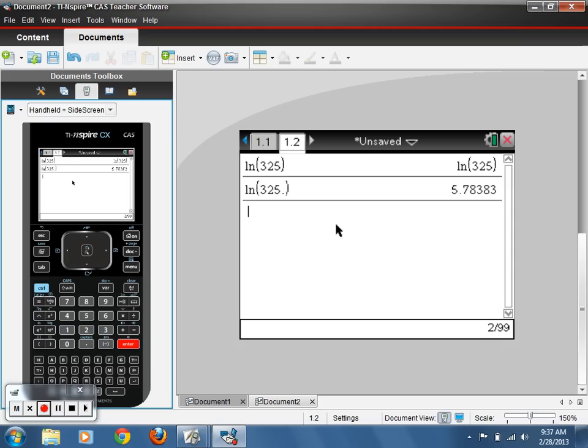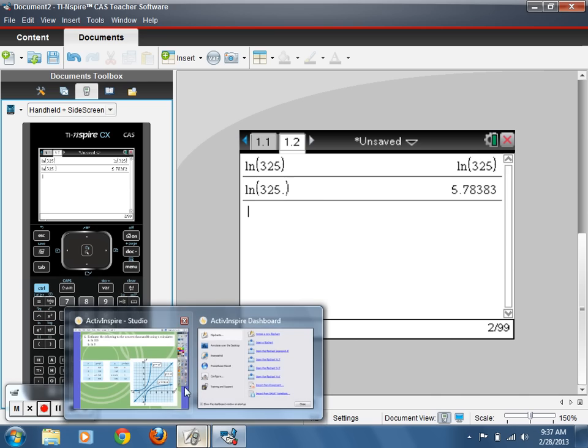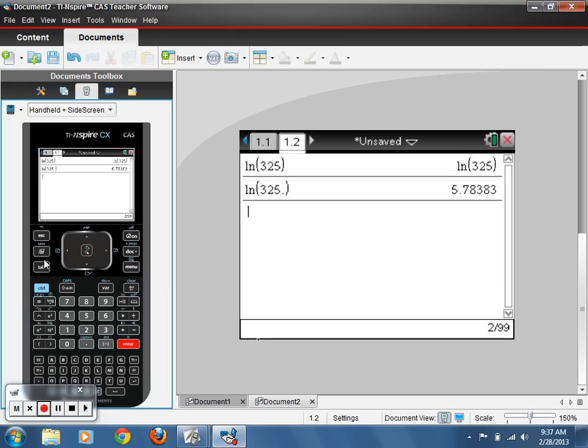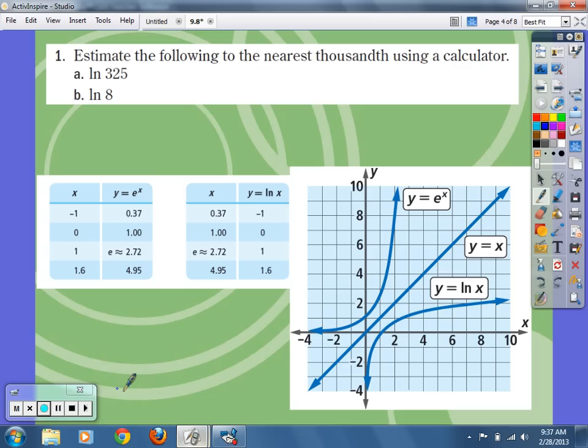Okay, TI-84 people will not have to put the decimal in. Inspire people, you will. Natural log of 8. Add the decimal, 2.07944.